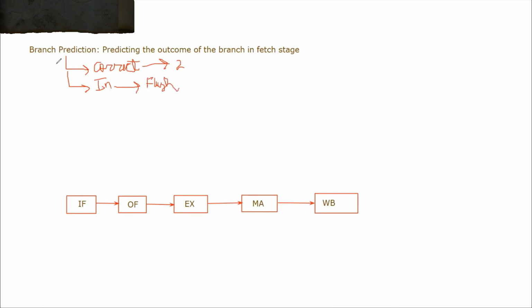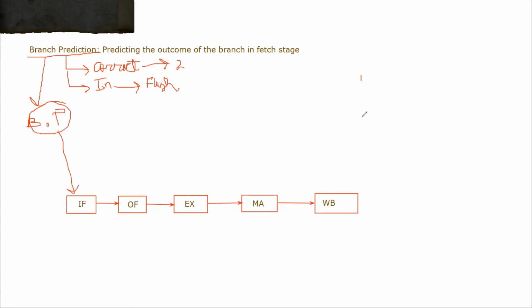Fine. And as I said, the hardware that does the branch prediction is called the branch predictor. And this hardware is there in the fetch stage.